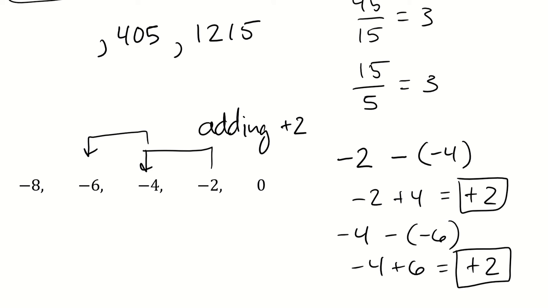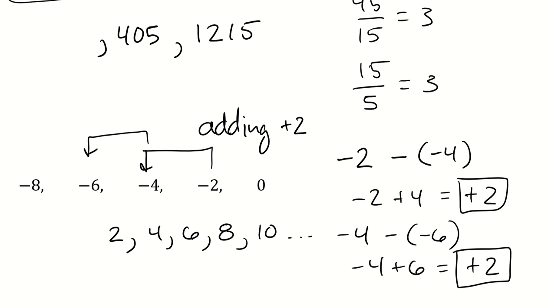I'm adding +2. And I can see, if I take -8 in my calculator and hit +2, it hits -6, then -4, then -2, and then 0. The next few terms would go to 2, 0 plus 2, and then 4, and 4 plus 2 would be 6, and 6 plus 2 would be 8, and 8 plus 2 would be 10.